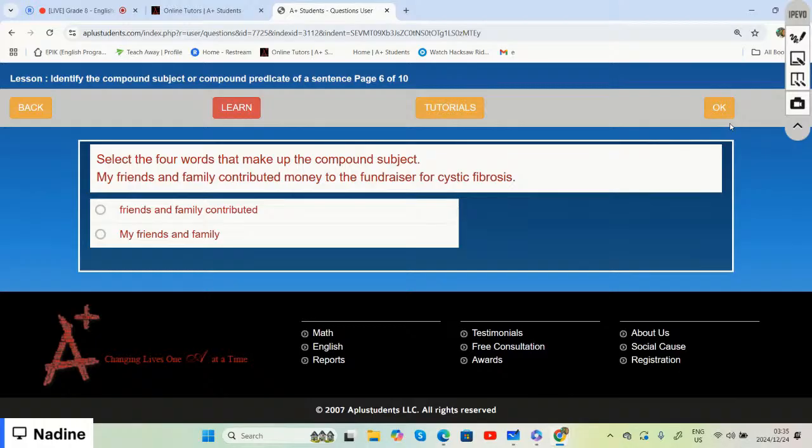And if we were to select the compound subject, then is it option one, my friends and family contributed, or is it option two, my friends and family? We need to select the compound subject.